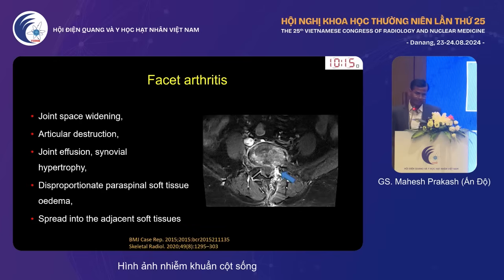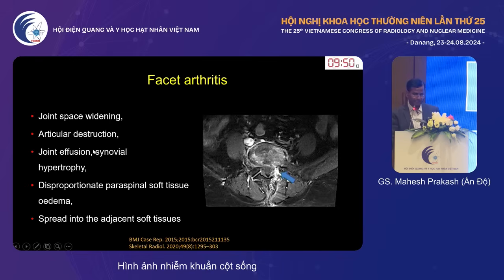Sometimes the facet joint can also be involved by the infection, sometimes in an isolated way, sometimes associated with spondylodiscitis. We know that the facet joint is a true synovial joint, so any kind of changes can occur as in other synovial joints, like joint space widening, articular destruction, and fusion.